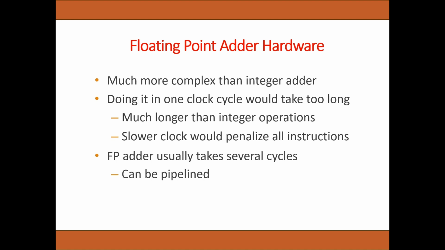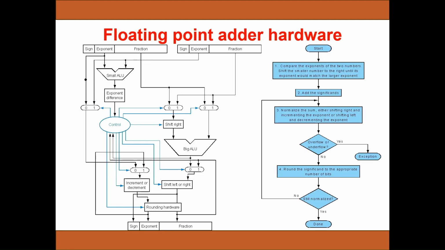That's why floating point adders are separate. If the same adder were kept for floating point addition, it would take a lot of time and slow down the clock cycle for all other operations. So floating point adders are different, and I will show you how complicated it is.